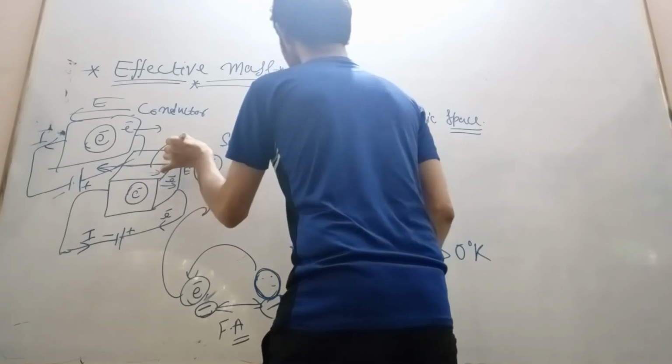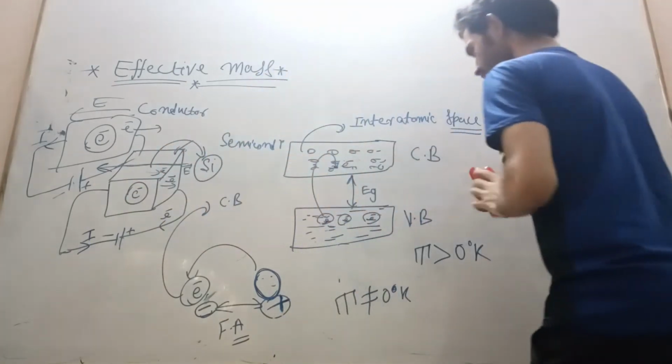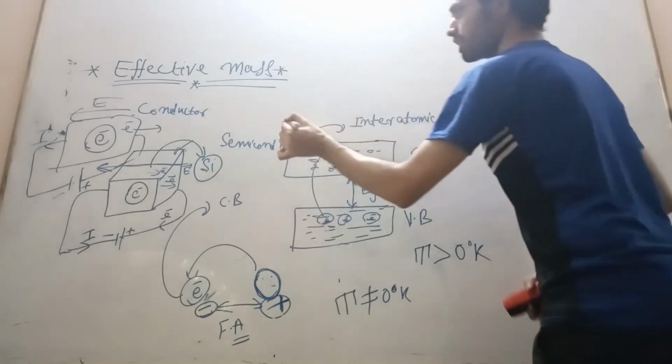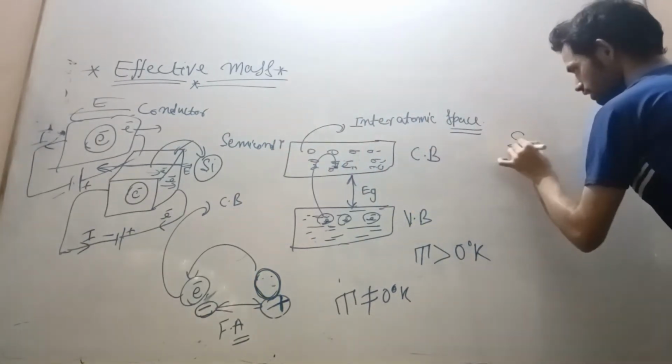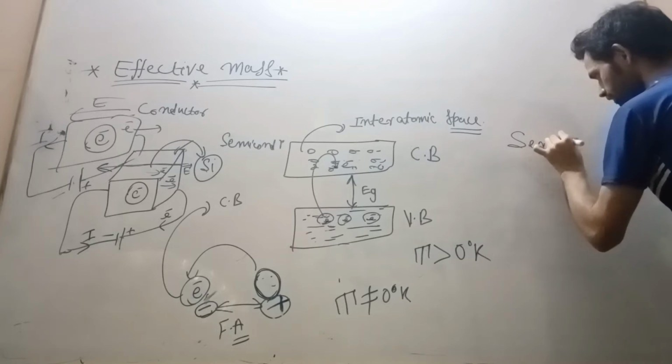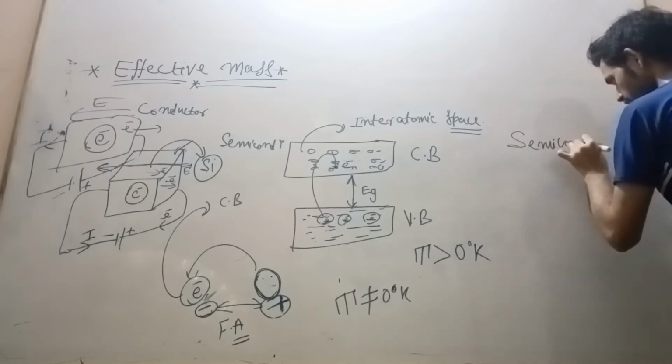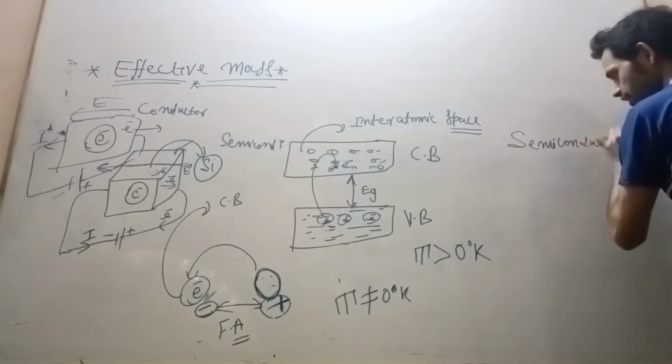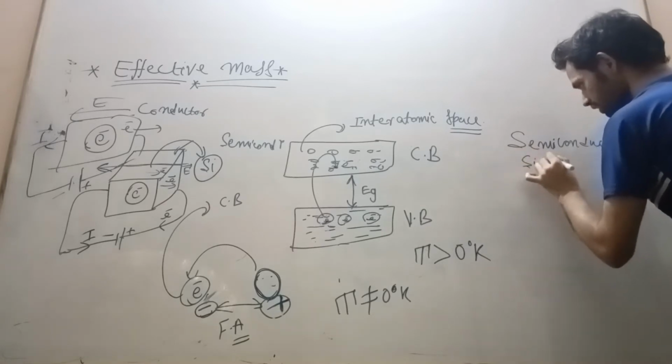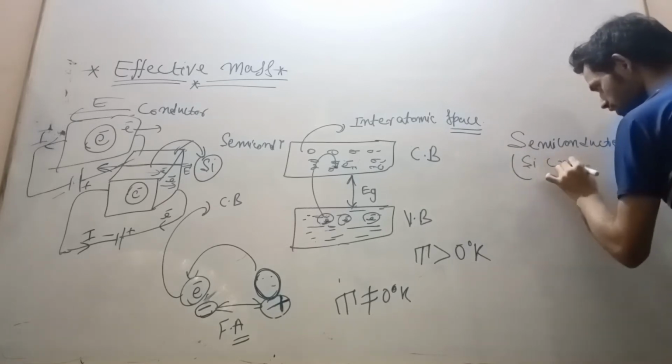See, the difference is only in the case of a semiconductor. A semiconductor means a silicon crystal.